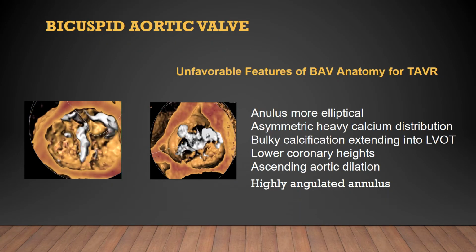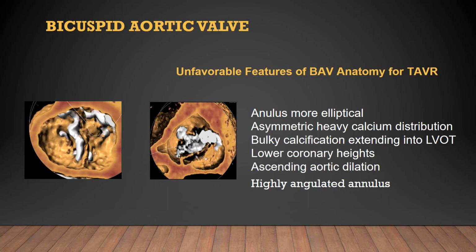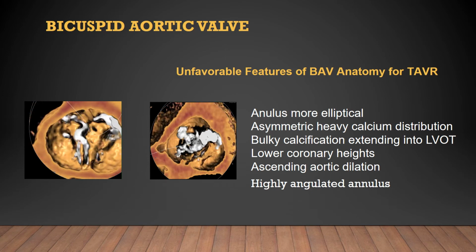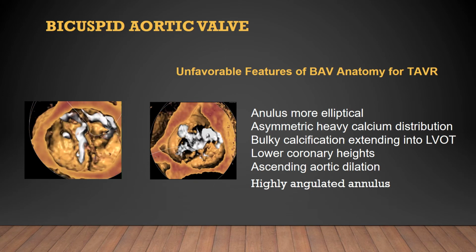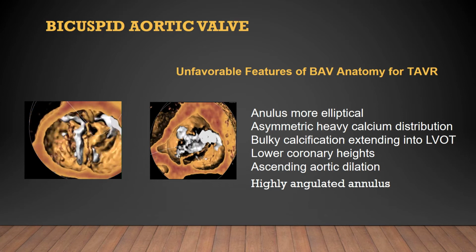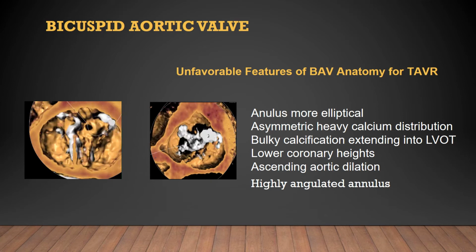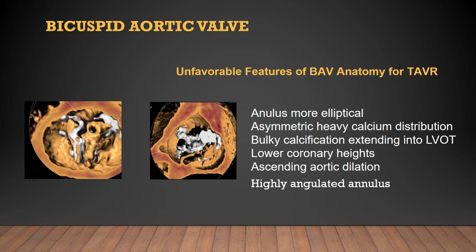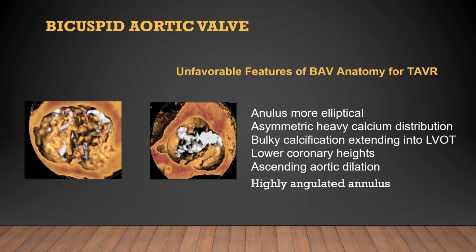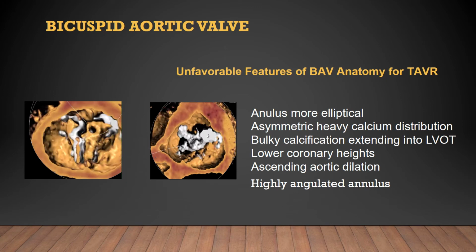So moving on, if we look at the bicuspid aortic valve, there are certainly multiple unfavorable anatomical features, including that the annulus is more elliptical. So it would be like putting a round peg in a square hole, if you will.